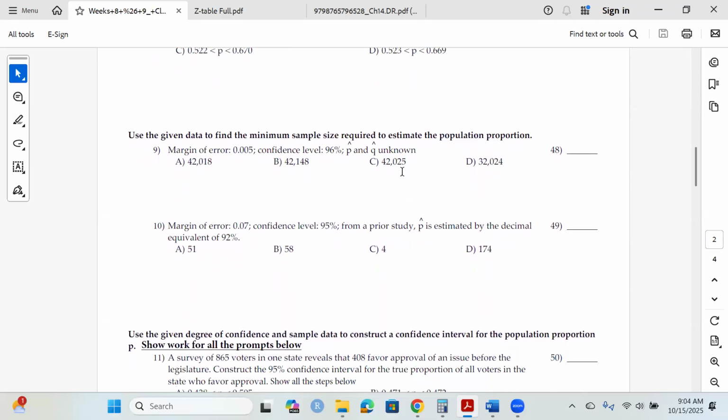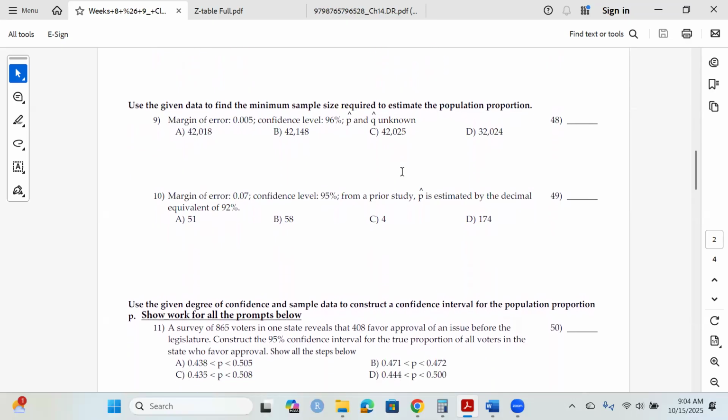Now these ones I did, but then I had completely different answers from her. So here's the problem with this question. While I know what the margin of error is, when we're doing an estimation of a sample size, we're going to say, well, what's the sample size we need to detect, in this case, a 0.5% difference, right?